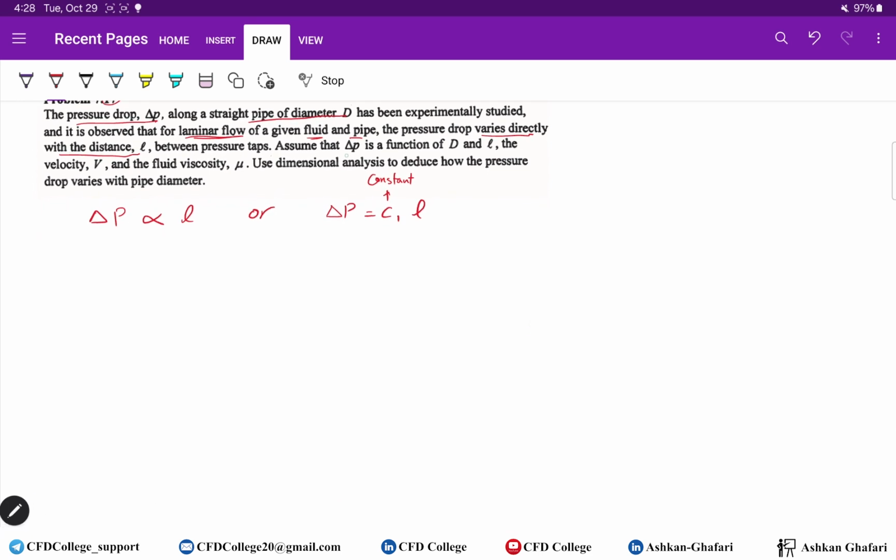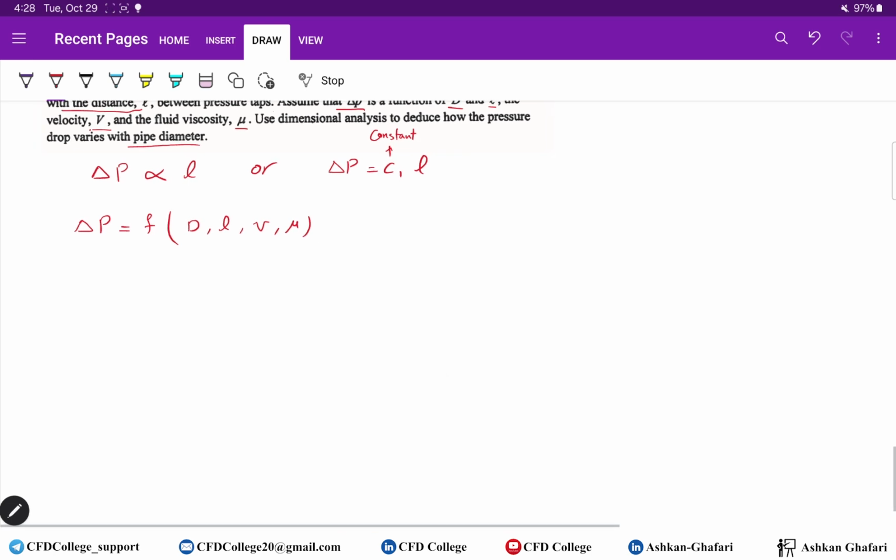Okay, assume that delta P is a function of diameter D and length L, with the velocity and viscosity. Use dimensional analysis to deduce how the pressure drop varies with pipe diameter.